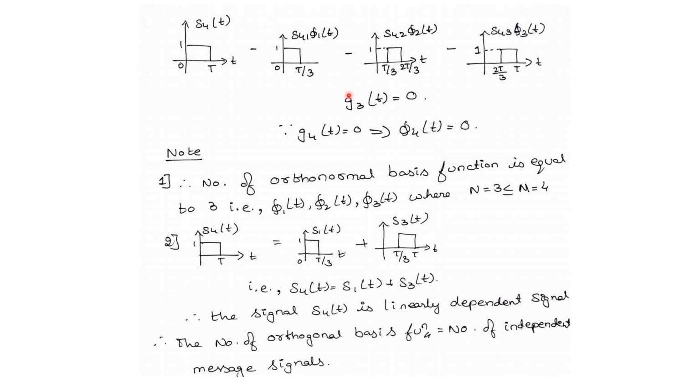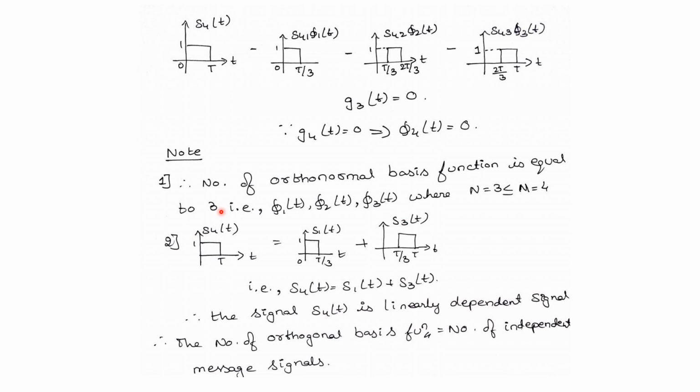Obtaining the G4 signal by substituting these signals in the general equation, I have got G4 of t is 0, and similarly phi 4 of t is 0. And these are the important points to be noted. The number of orthonormal basis functions is equal to 3, that is n equals 3, which is less than m. They are phi 1 of t, phi 2 of t, phi 3 of t.